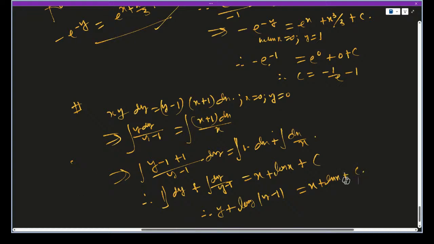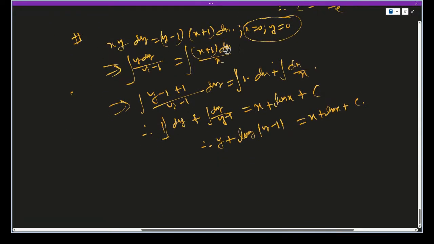Clear? Now is the initial condition. This is the initial condition. x0, y0. You take x1 better. Otherwise it will be undefined. x1, y0. Okay.